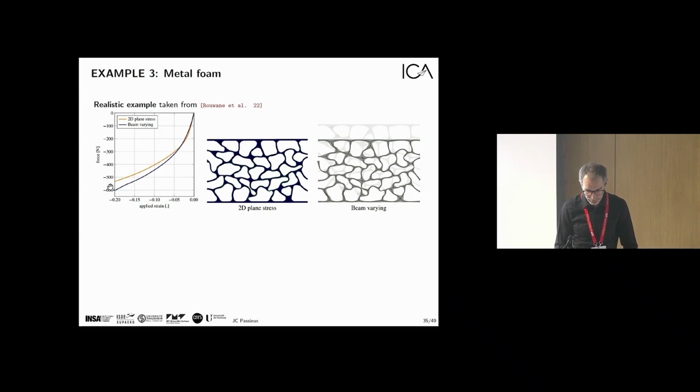If we increase a bit, it's less accurate. At least the simulations are a bit different. But what was nice is that we were happy that we were able to correctly estimate the local bendings of each beam as compared to the 2D finite element analysis.